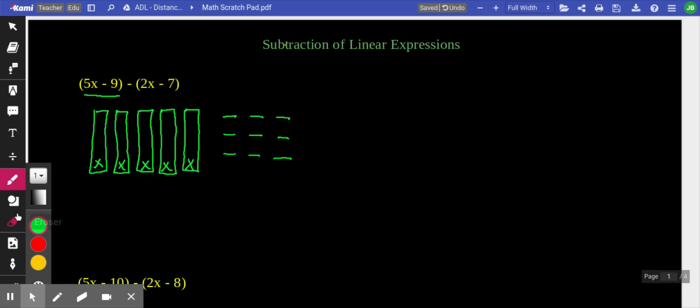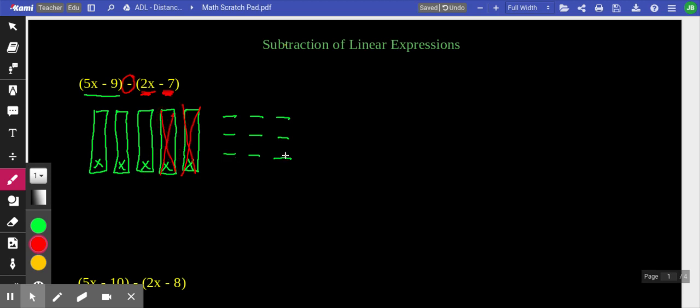Now, what this is actually telling me to do is take away. Subtraction means to take away 2 x's and 7 negatives. So visually, I have to imagine that I'm going to take away 2 x's. That just means I'm going to cross out and get rid of 2 of these x's. And I'm going to get rid of 7 negatives.